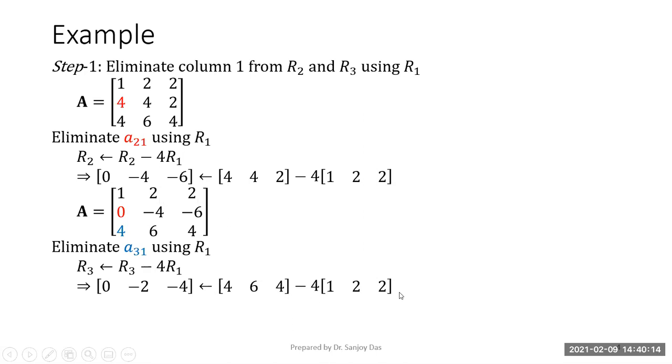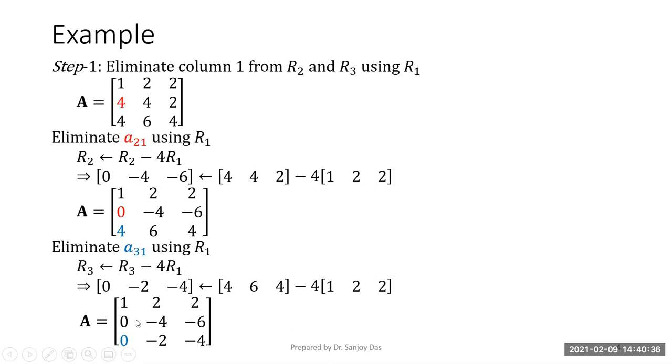So this gives me 4, 6, 4 minus 4 times 1, 2, 2 gives me 0, negative 2, negative 4. And so this is my new row 3. And so this after step 1 is the new A.